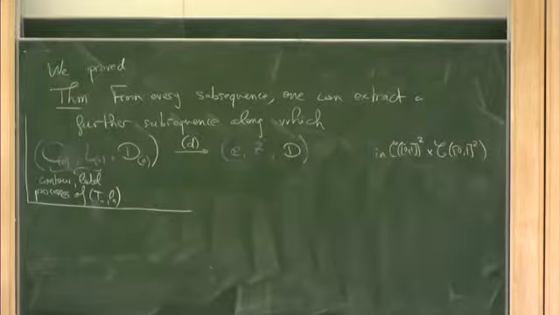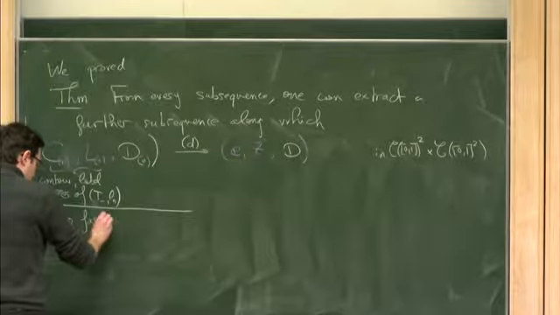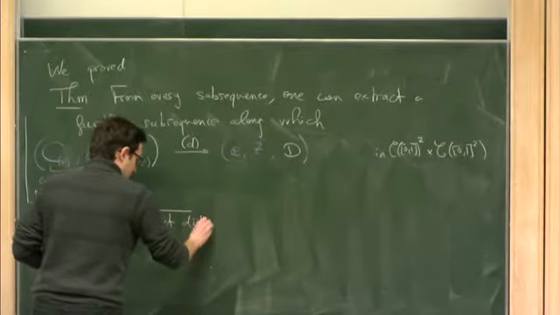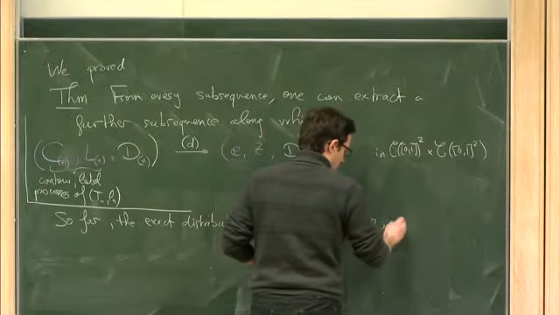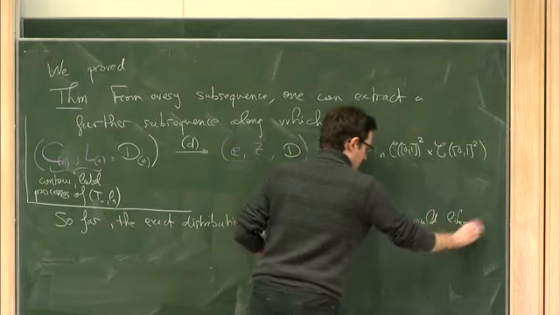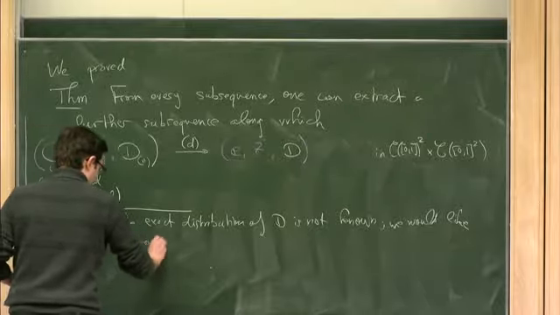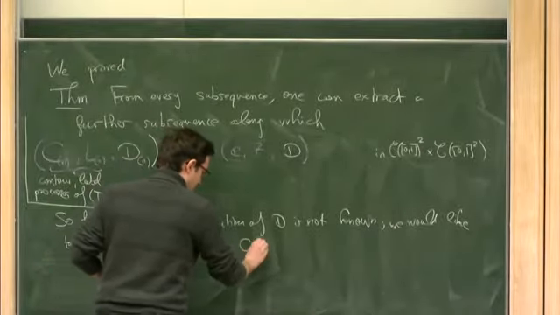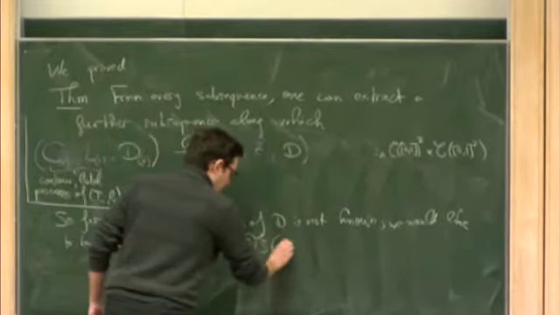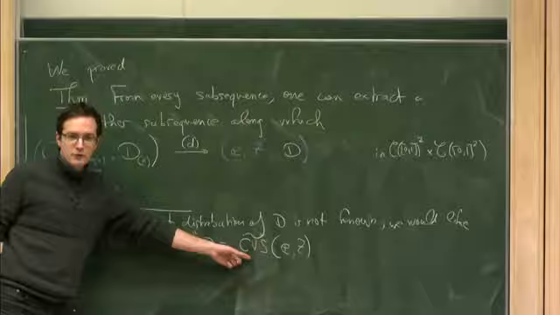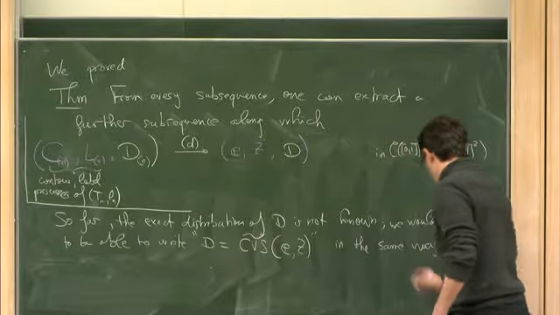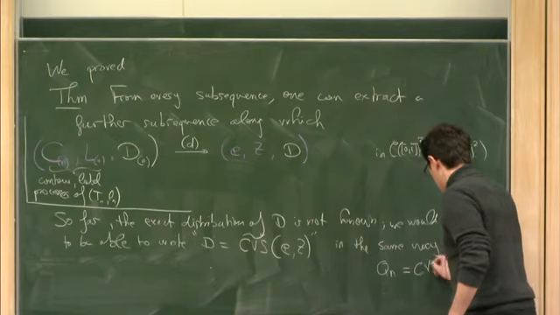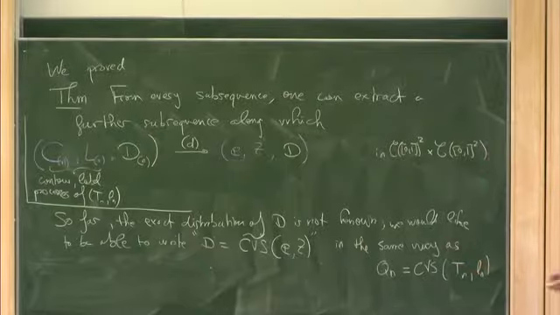Another way to say it: so far, the exact distribution of D is not known, and somehow we would like to be able to write D as a function, in quotes, of (e, Z), where this function is really a continuous analog of the Cori-Vauquelin-Schaeffer bijection, in the same way as Qn, or maybe Qn with V star, doesn't really matter here, is the image of the labeled tree by the Cori-Vauquelin-Schaeffer function.